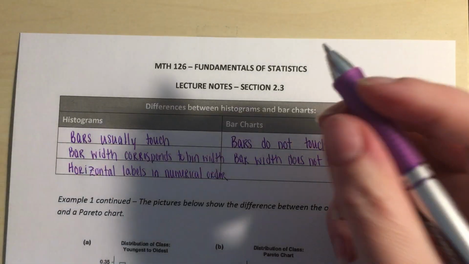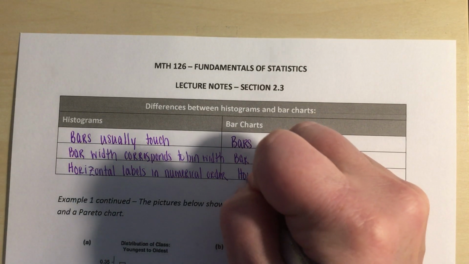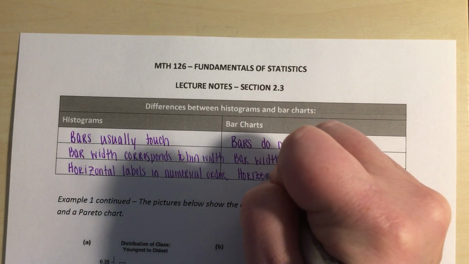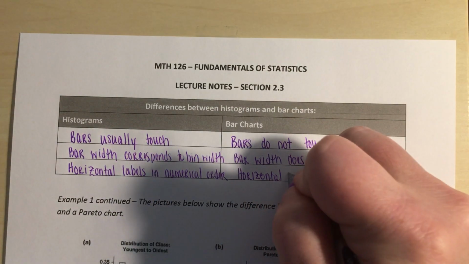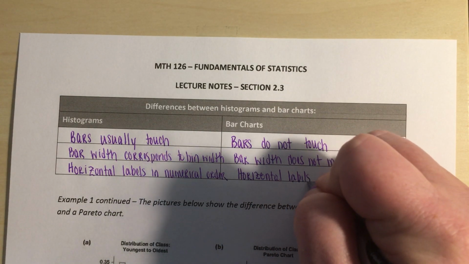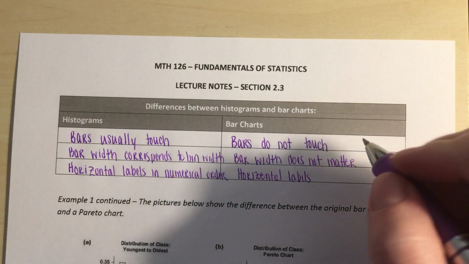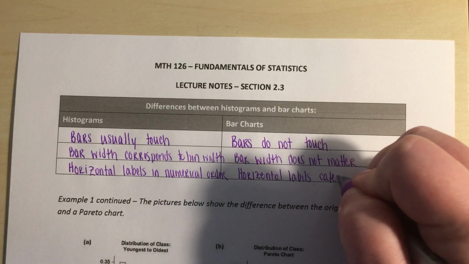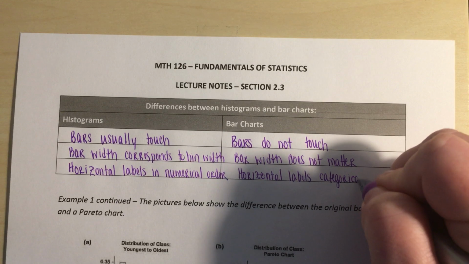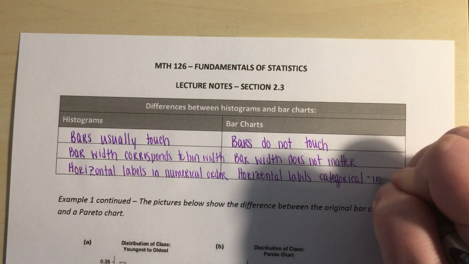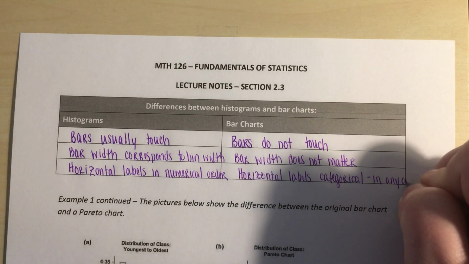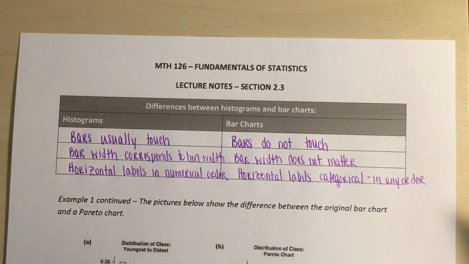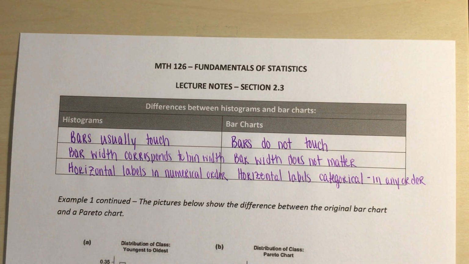For bar charts, horizontal labels are categorical, which means they can be in any order desired. So there are similarities. Again, we do have vertical bars representing either frequencies or relative frequencies, but they are much different.